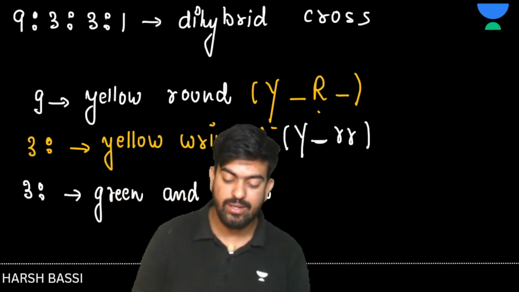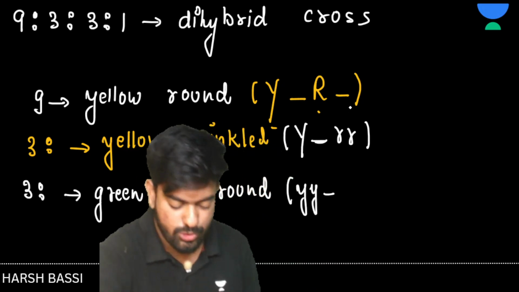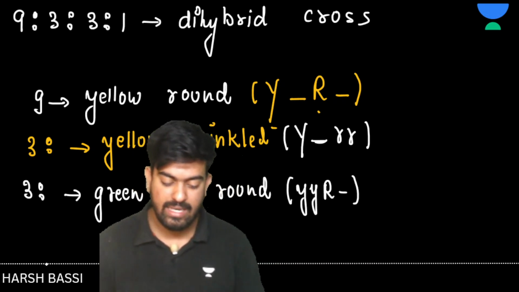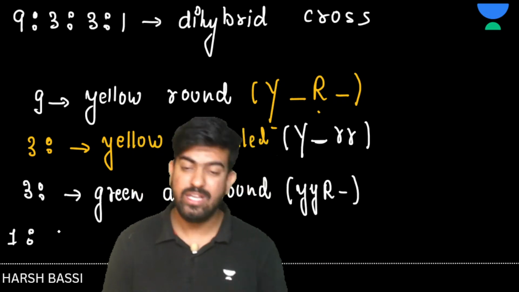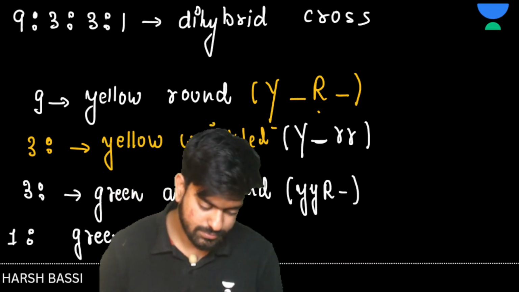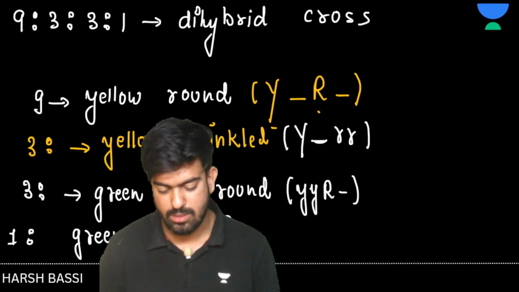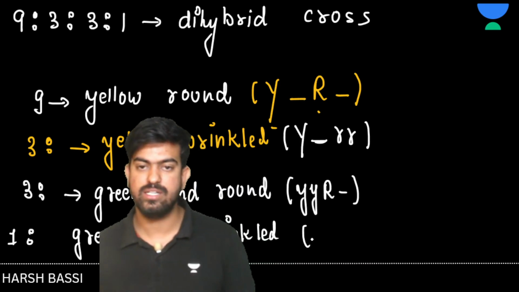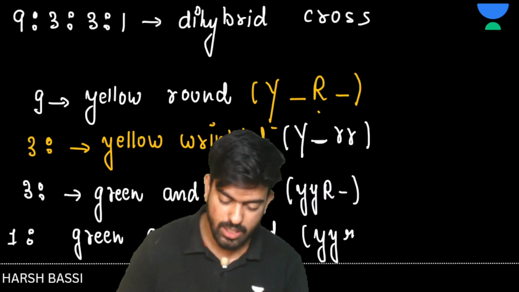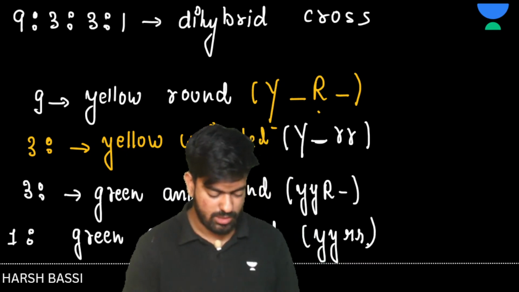For green and round, there should be small y, and at least one capital R. Then we have 1, where we are getting green and wrinkled seeds. If we are getting green and wrinkled seeds, it will be small y, small y and small r, small r. Yes or no?